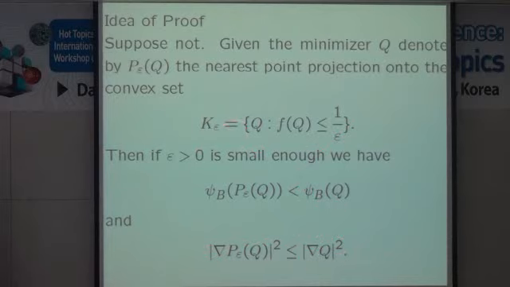What you can do is approximate the set where f is finite, which is some convex set of q's, at the boundary of which we're hoping to get blow up, by this set k epsilon, which is the set where f is less than or equal to 1 over epsilon. Then you take some q, which you imagine does not have the minimum eigenvalue bounded away from minus a third, and you take the nearest point projection onto this convex set.